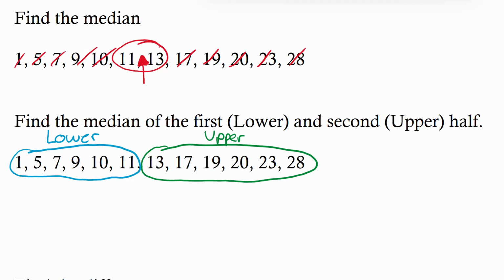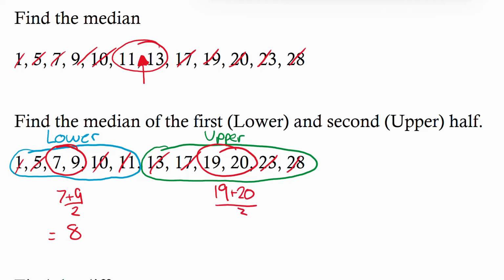So, in the same way I just did the last one, I cross off until I get to the middle, or in this case 2 in the middle, and then remember when you're finding the middle number and you've got 2, it's 7 plus 9 over 2, and we end up with 8. So that's my lower quartile. Then over here I cross off until I get 2, so 19 plus 20 over 2, and I get 19.5.